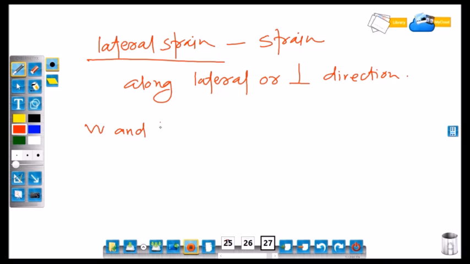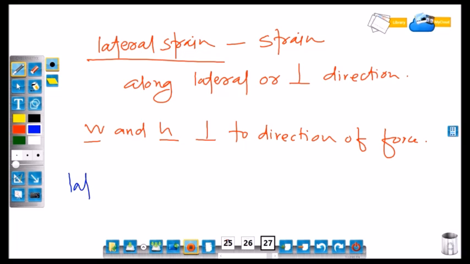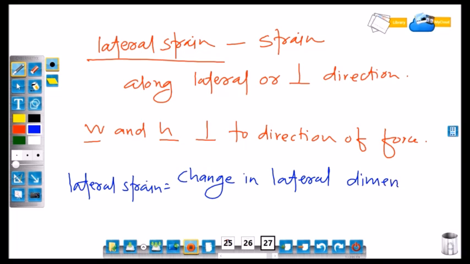W and H are the dimensions perpendicular to the direction of force. So lateral strain is change in lateral dimension per unit original lateral dimension.